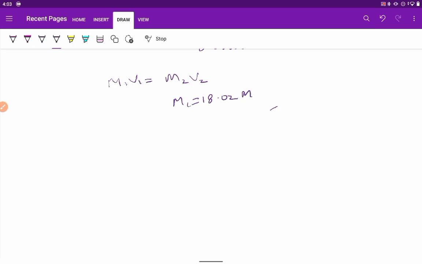V1 we have to calculate, that is volume of concentrated solution. M2 is 0.1 molar, that is the desired solution.